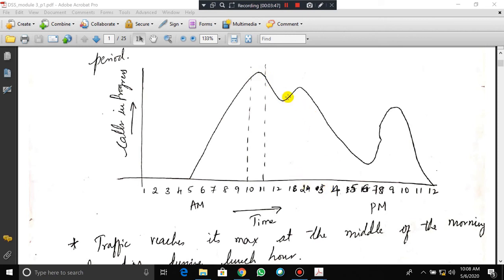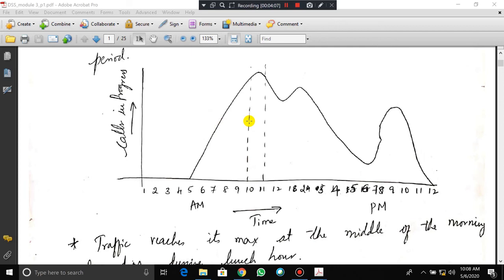After lunch it increases a little bit again. In the evening, when they go back home, it comes down. After reaching home, they may start social calls, and it may rise a little bit and fall down at 12. This is the general scenario.